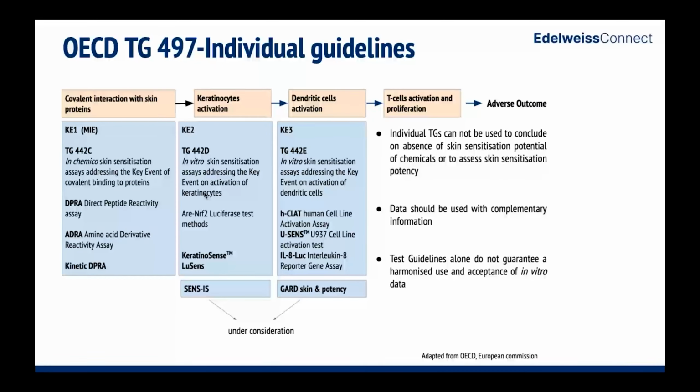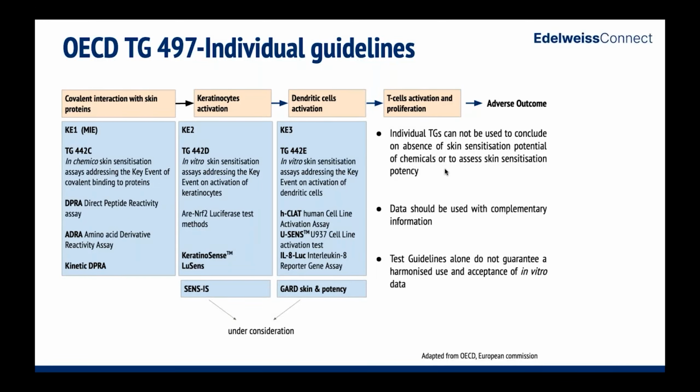The second assay, which is the KeratinoSens assay, describes the keratinocyte activation within the adverse outcome pathway. And the third assay, which is the human cell line activation test, HCLAT, represents the dendritic cell activation.